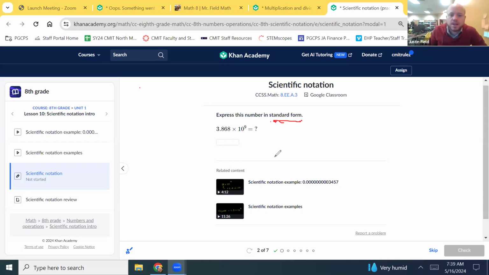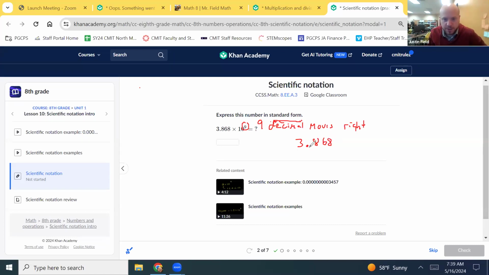Okay. So the 9 means that we're going to move 9 decimal moves to the right. All right, to get this thing out of scientific notation, we need to move our decimal point to the right.